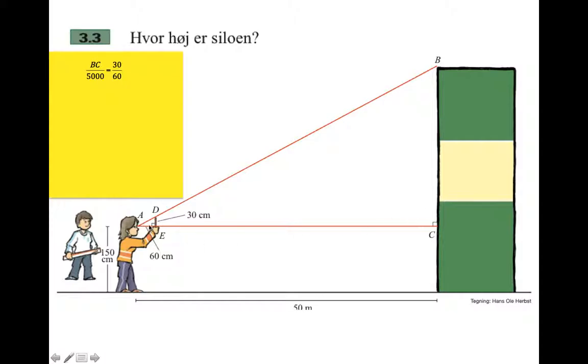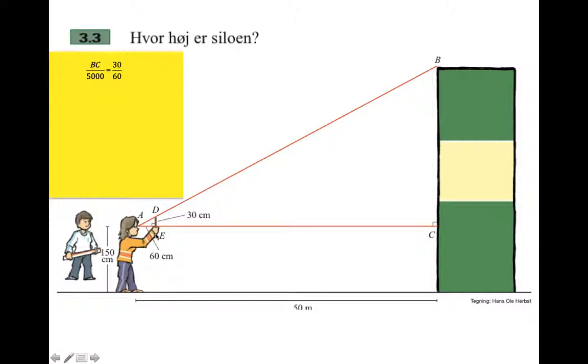So you've got the small triangle with 30 and 60, and you've got the big triangle with something that we'd like to know, and 50 across the bottom. And the 50 meters is 5,000 centimeters.